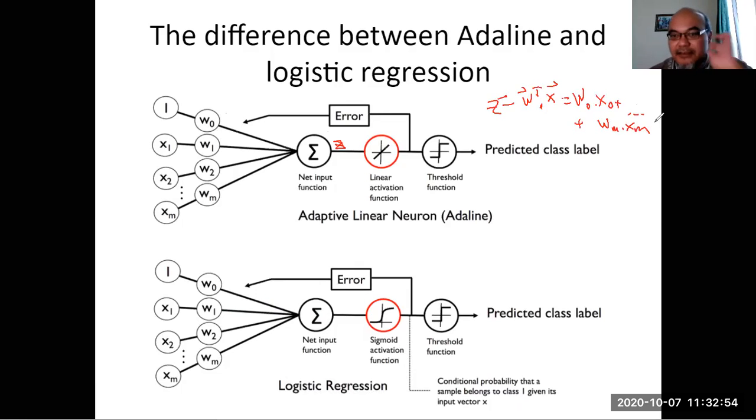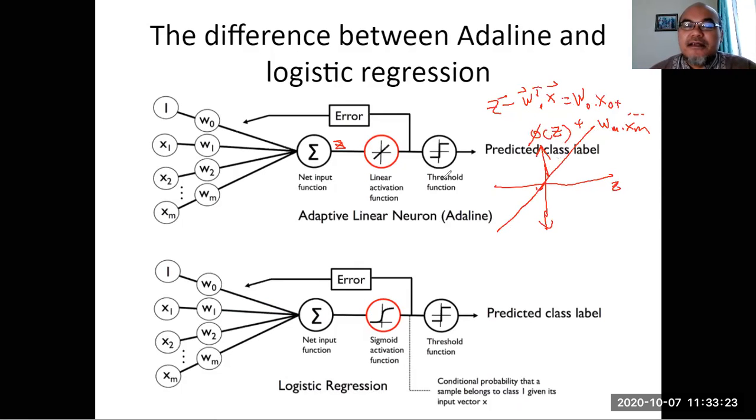Here, in the linear function of Adaline, the x-axis is the value of z and the y-axis is phi z. If z is negative, it will also be given a negative value. If it is positive, it is given a positive value, with no limit on the value of the function.